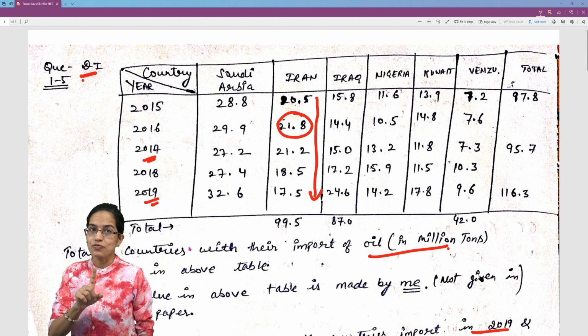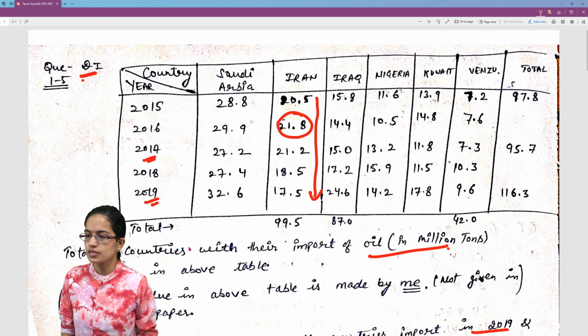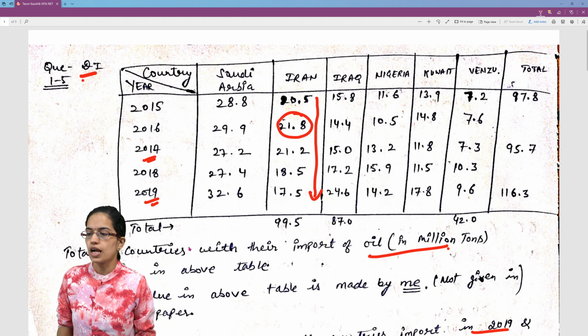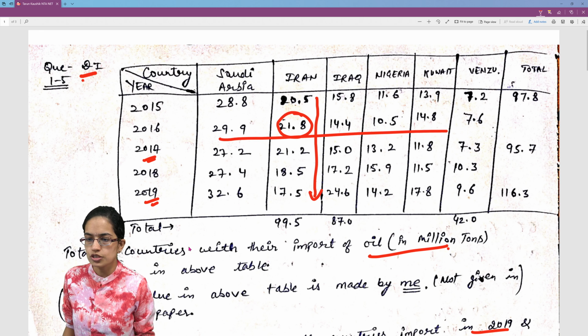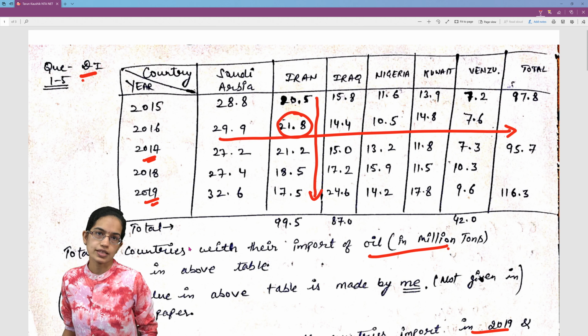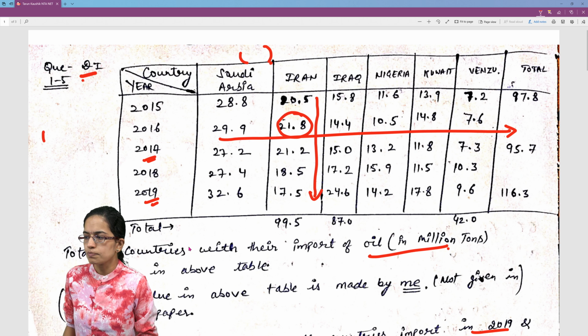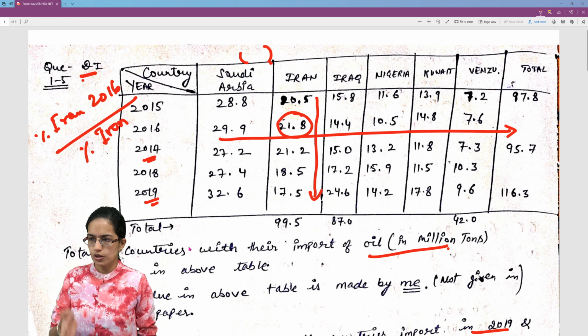However, if the question says you have to mention the imports of Iran across all the imports in 2016, then you would take this data into consideration. So the value you divide with varies. I repeat again, when it is percentage of Iran in 2016 divided by percentage of all Iran, then you would take the vertical column counting all the Iran.